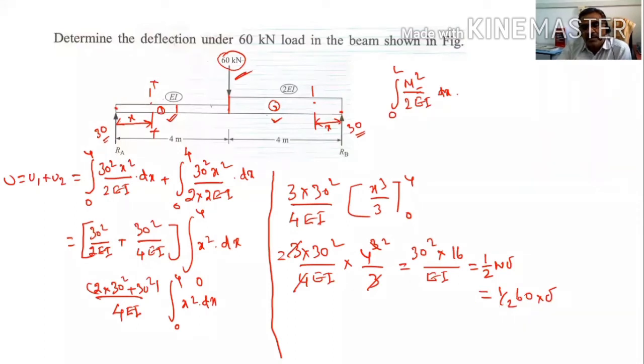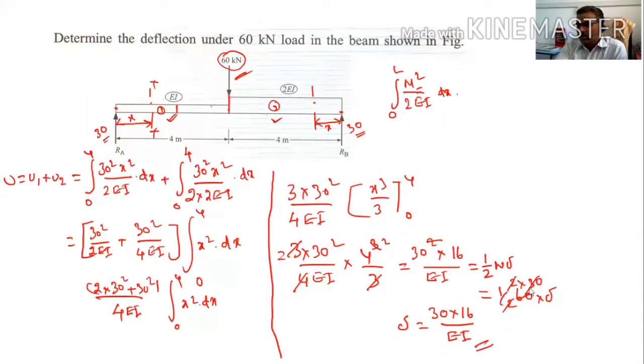if you cancel, this is 2 into 30. This 2 you can cancel. This 30 you can cancel. Then what is the value of delta? Delta is equal to 30 into 16 divided by EI. Right?